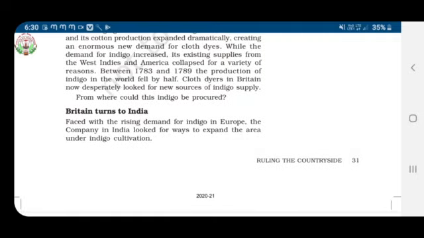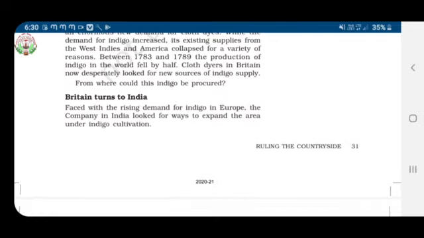While the demand for indigo increased, its existing supplies from the West Indies and America collapsed for a variety of reasons. Between 1783 and 1789, the production of indigo in the world fell by half. Cloth dyers in Britain now desperately looked for new sources of indigo supply.